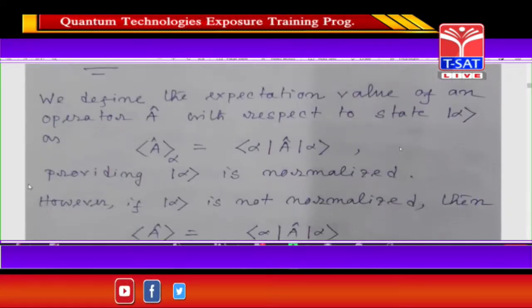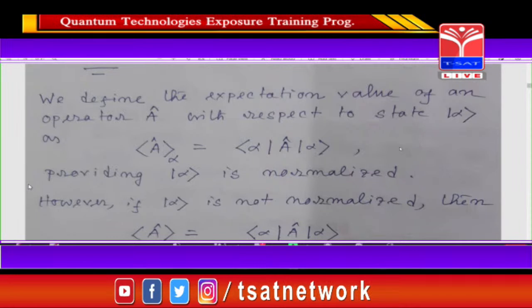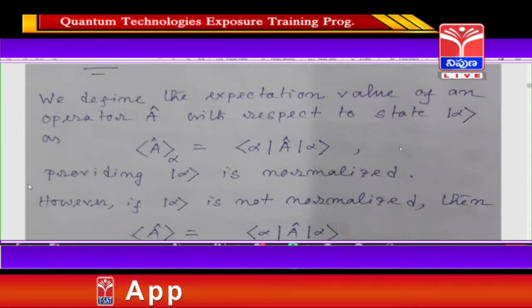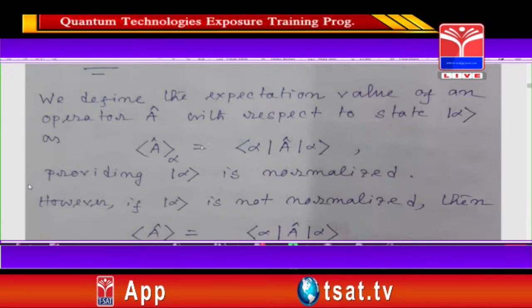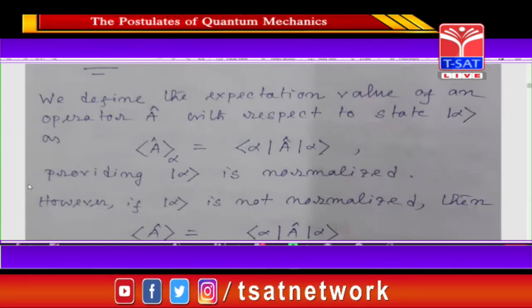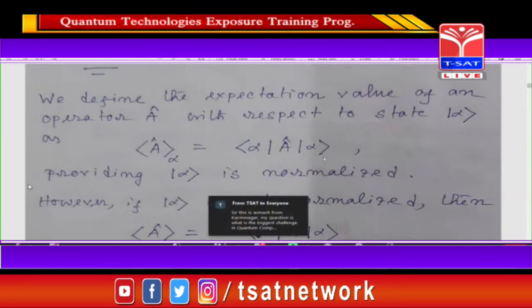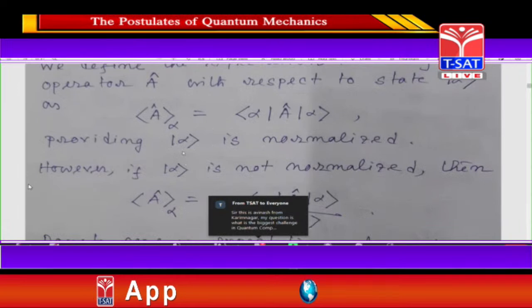So what is expectation value? Expectation value is the thing that we acquire in reality. It is defined like this. Take an operator A. The expectation value over the state alpha of this operator A is the inner product alpha A alpha, where these alphas are normalized.